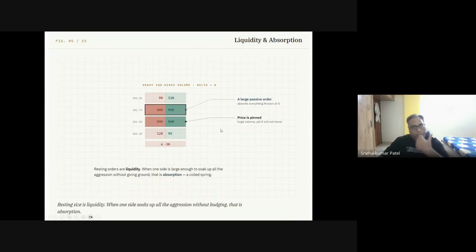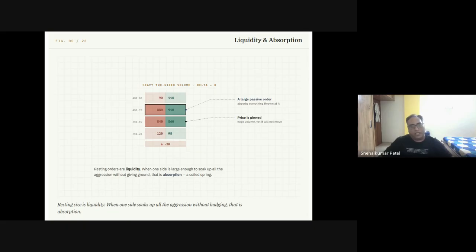Liquidity and absorption. Here, this is an example of a candle of order flow. Here we see a large passive order of limit buyers that get executed against the market buyers, and there are sellers on the left side. This is called resting liquidity.